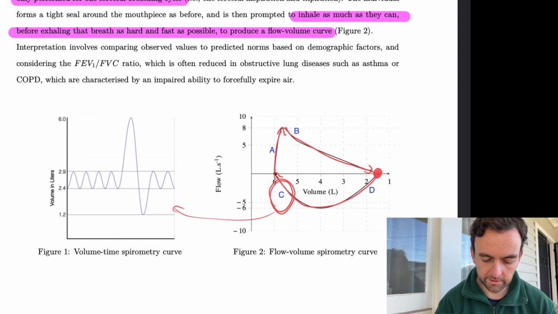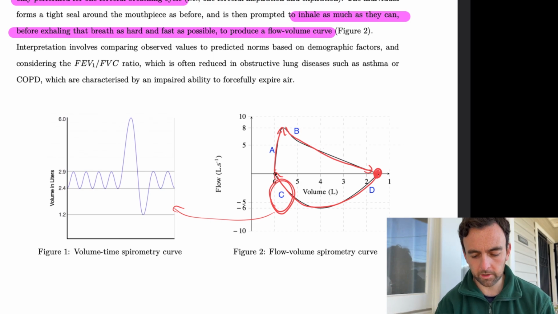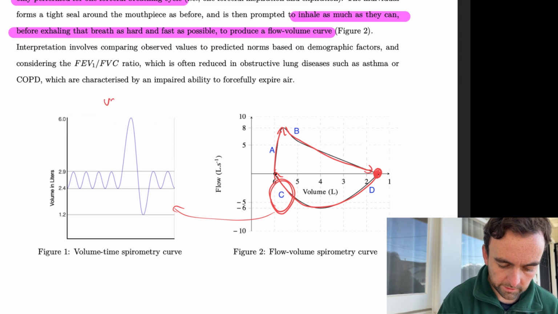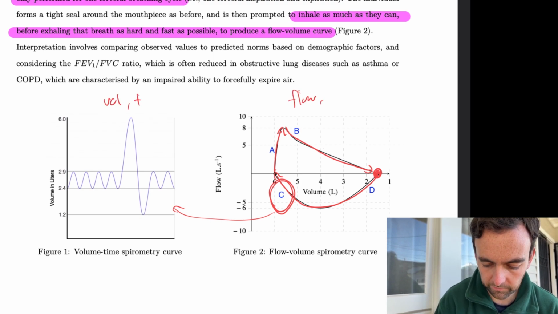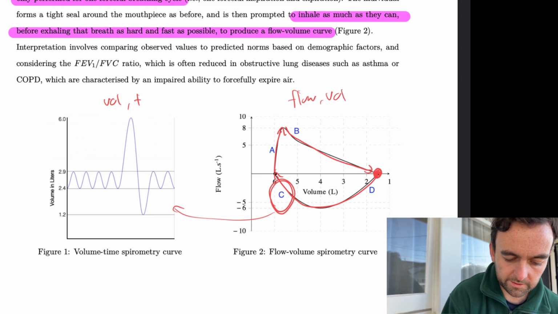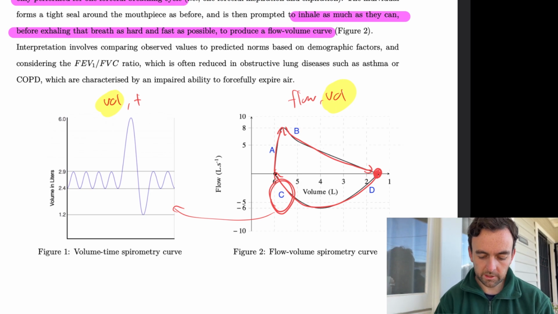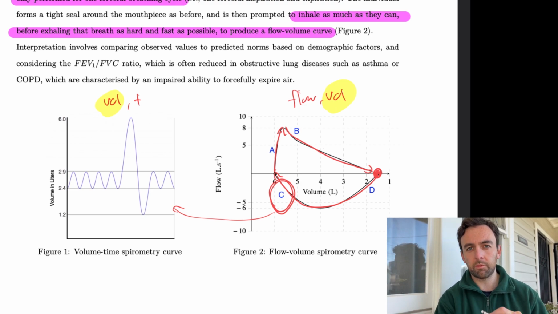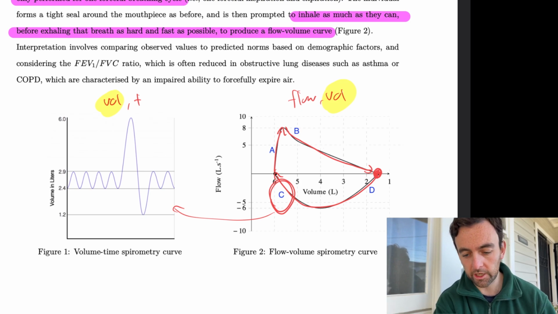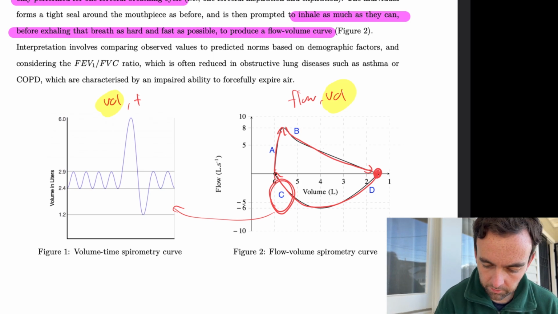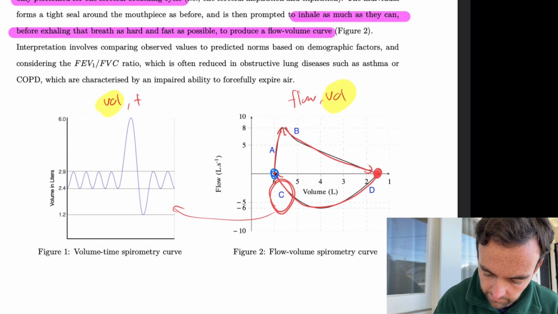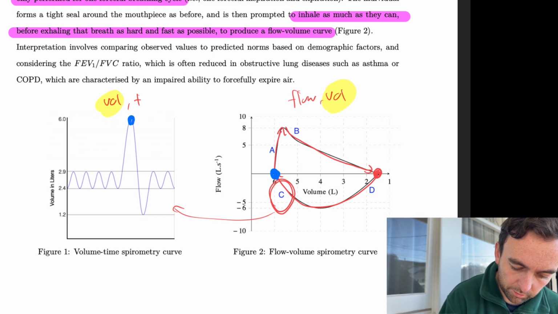And I think the easiest way to do this is to find what I call a shared variable. So if you remember before, I said that this one has volume and time, and this one has flow and volume. So you can see that they both have volume in them. So it actually means that we can relate certain points based on that shared value. For example, if we get this point here, so when the lungs are full, that has to be this point here.